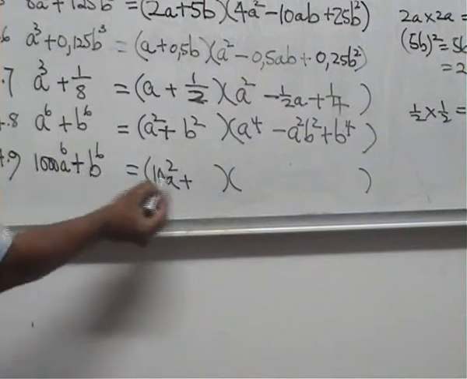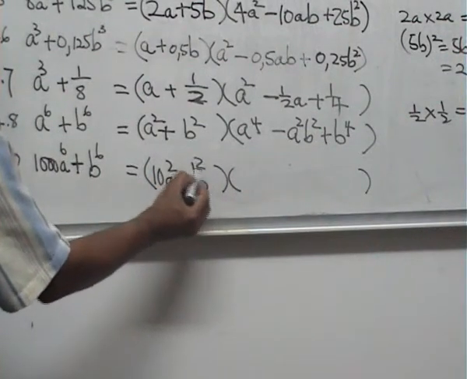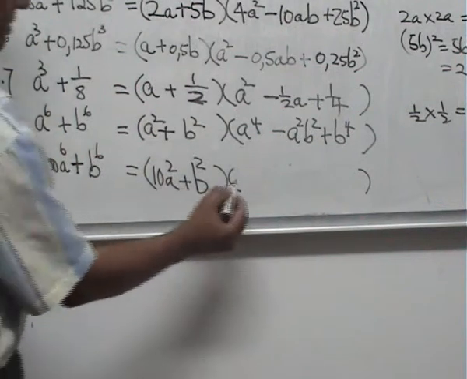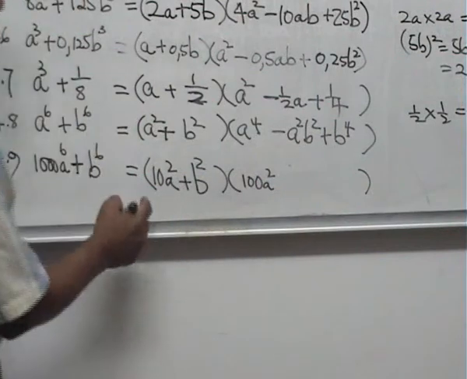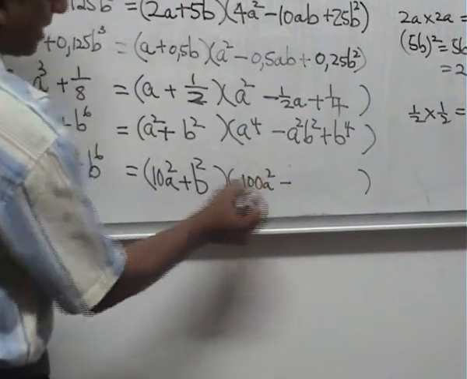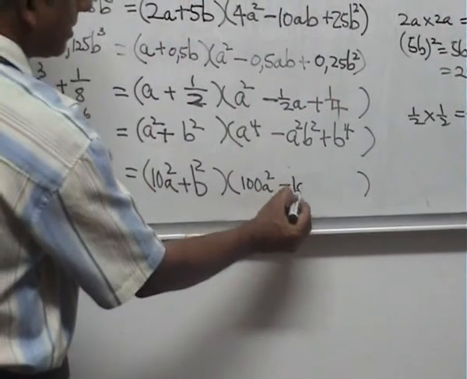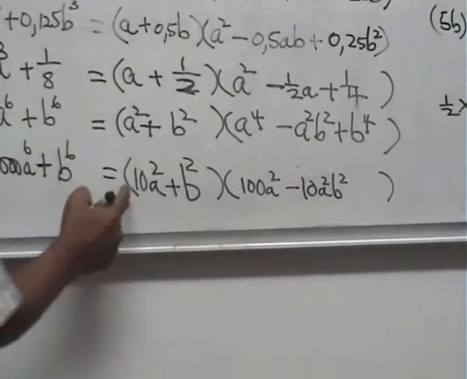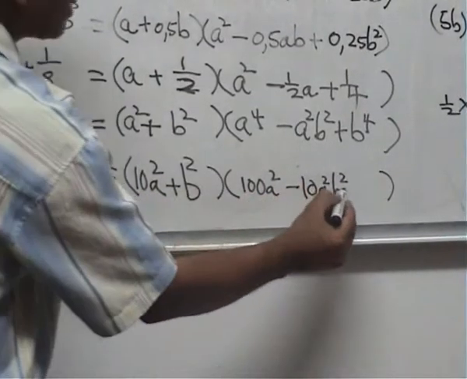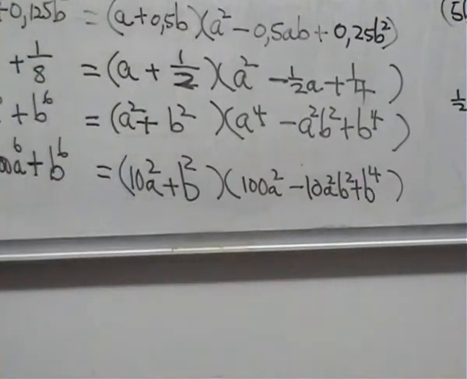If this is plus, that will be plus. Cube root of b to the 6, b squared. Now, square that, you get 100a squared. If this is plus, that will be minus. That times that, 10a squared b squared. And finally, square the last one, that will be plus b to the 4.